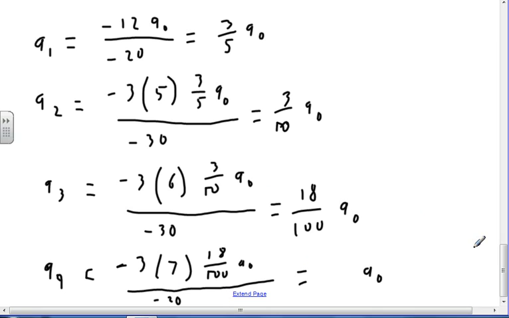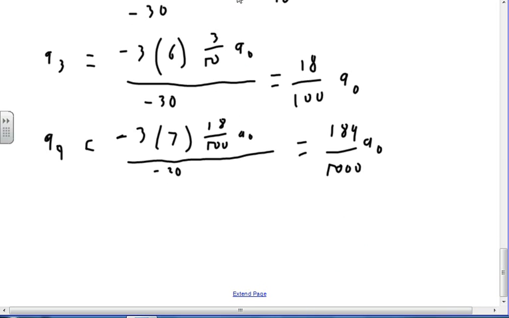Okay, minus 3 times 7 times 18 divided by 100 divided by minus 20, change to a decimal. That's so wonderful. 189/1000. Hardly seems reasonable.